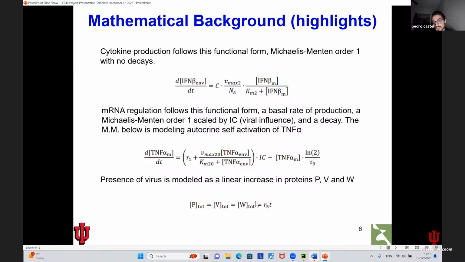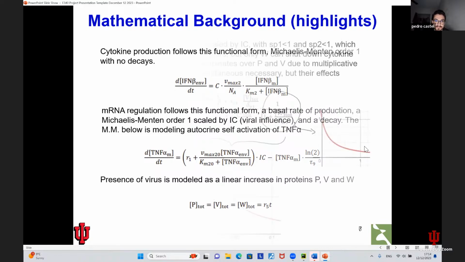So P, V, and W are equal to a constant, R5, times T. T is time. You can think of them as our substrate or as the non-homogeneous part of the system.